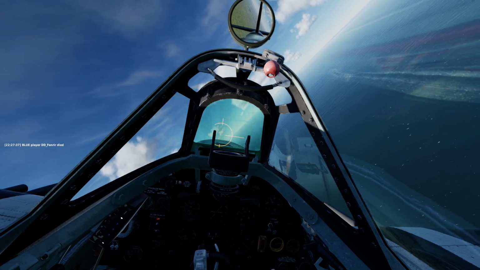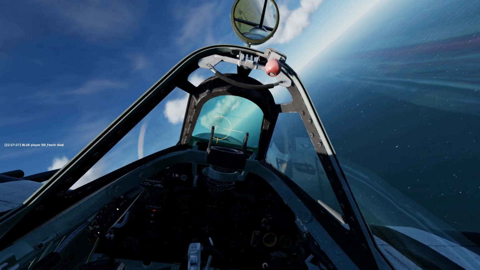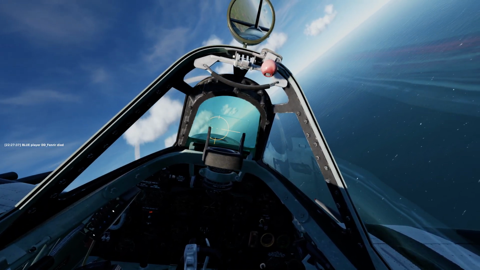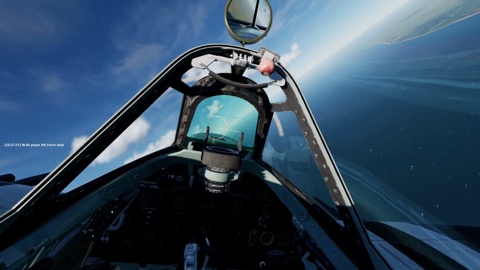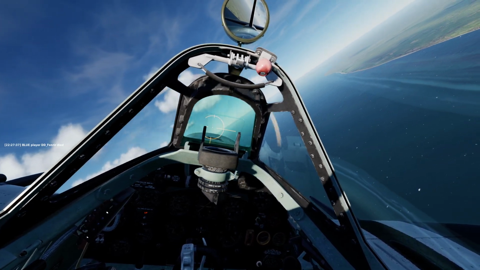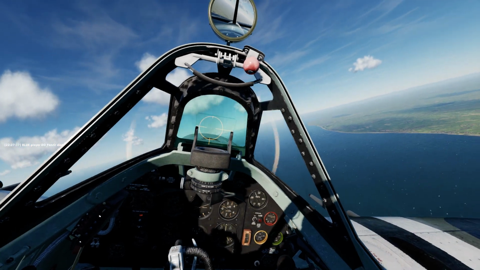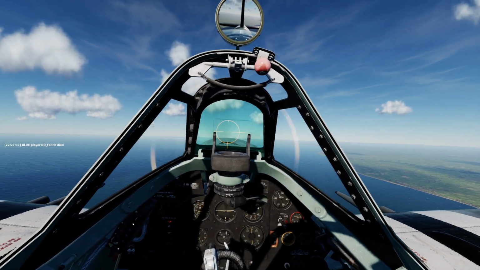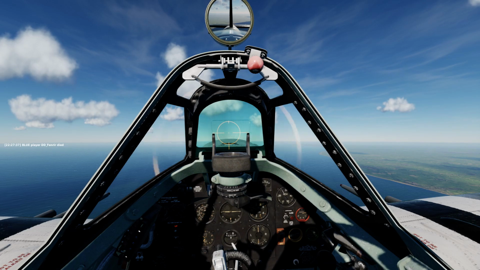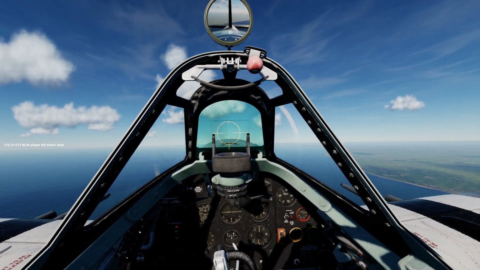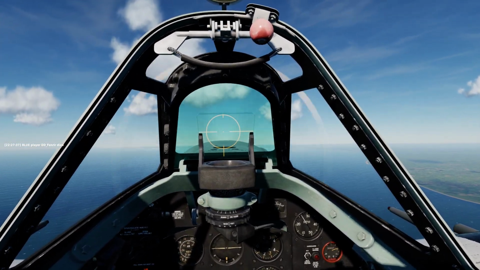Come around. There we go. Okay, right, so let's get it trimmed out. Need a click of left rudder to get trimmed.